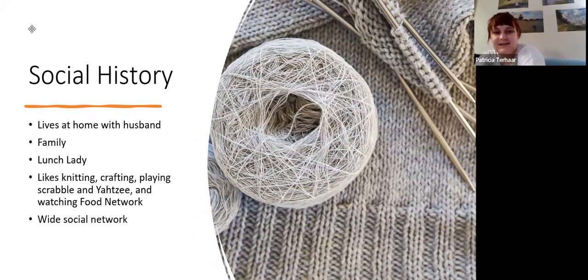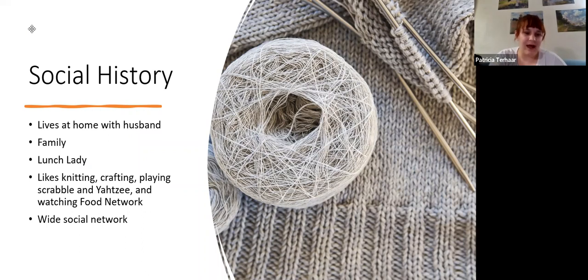First of all, DS, before this incident, lived at home with her husband. She has 3 daughters, one of whom she told me was getting married soon. She was a lunch lady. She likes knitting, crafting, playing Scrabble, Yahtzee, and watching the Food Network.